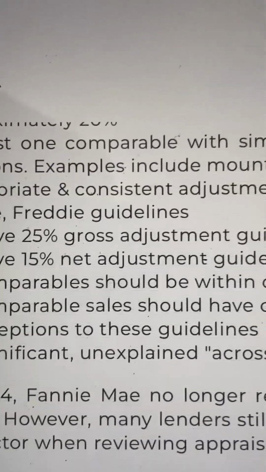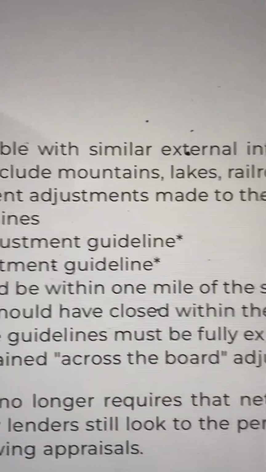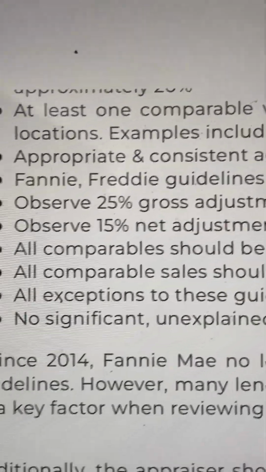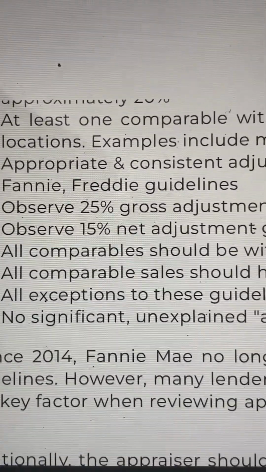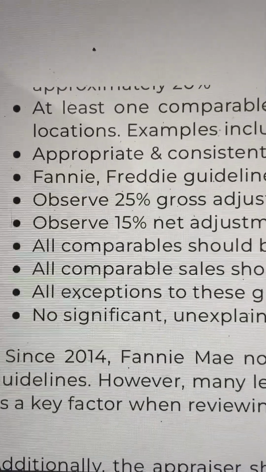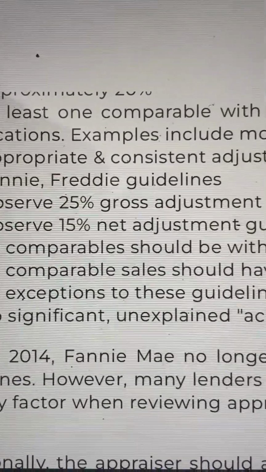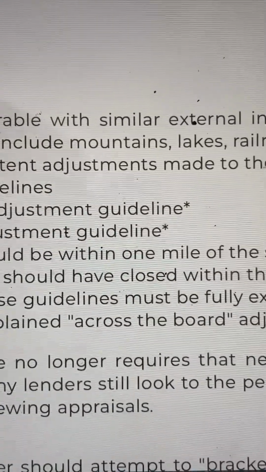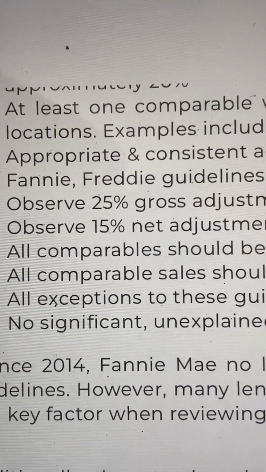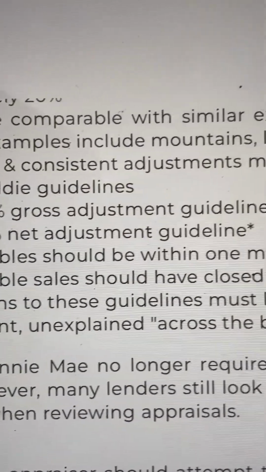Appropriate and consistent adjustments made to the comparables. Fannie and Freddie guidelines: observe 25% gross adjustment guideline. Observe 15% net adjustment guideline.